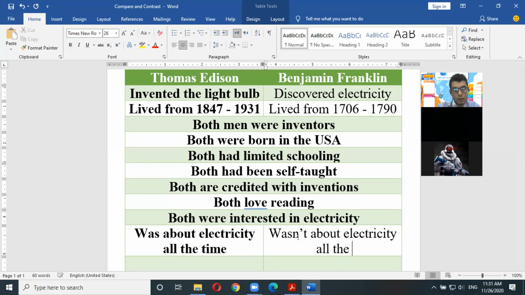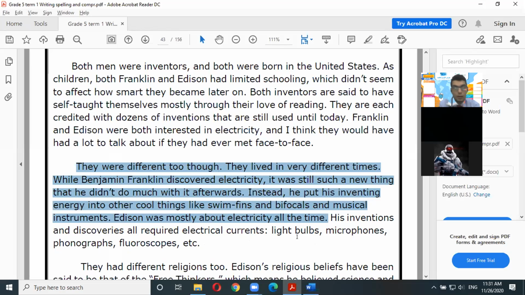That's a major difference. Though Benjamin Franklin discovered it, he wasn't about it all the time because he didn't know what to do with it. But Thomas Edison was all about electricity all the time. What is the proof? Yassine will tell us.